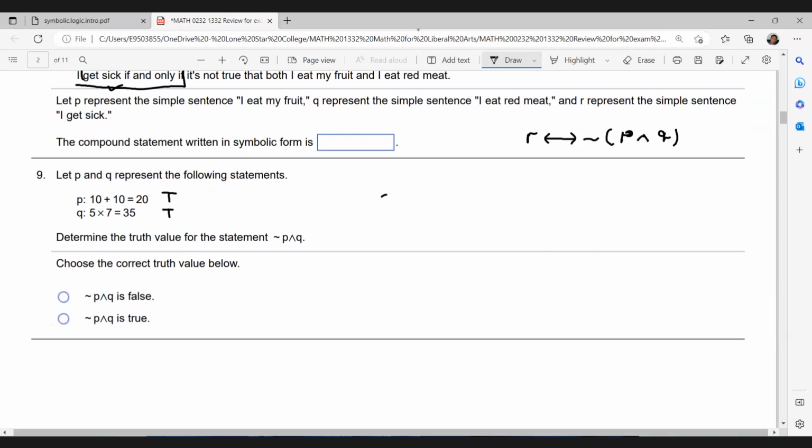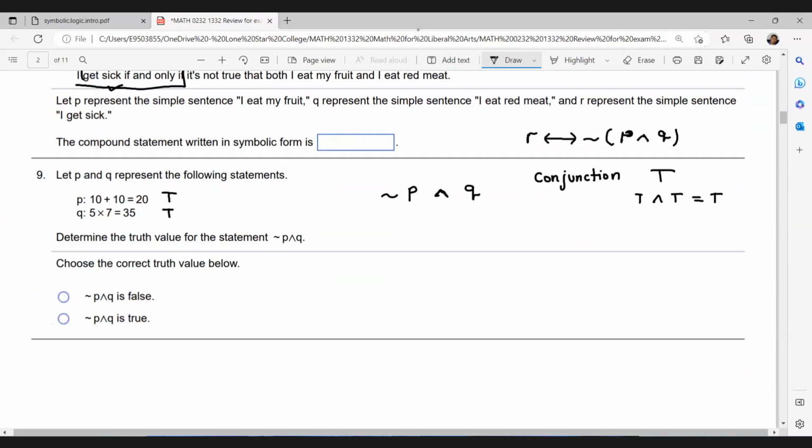So we have now, let's see, not P and Q. This is a conjunction. And a conjunction is only true if the following format holds. True and true is equal to true.